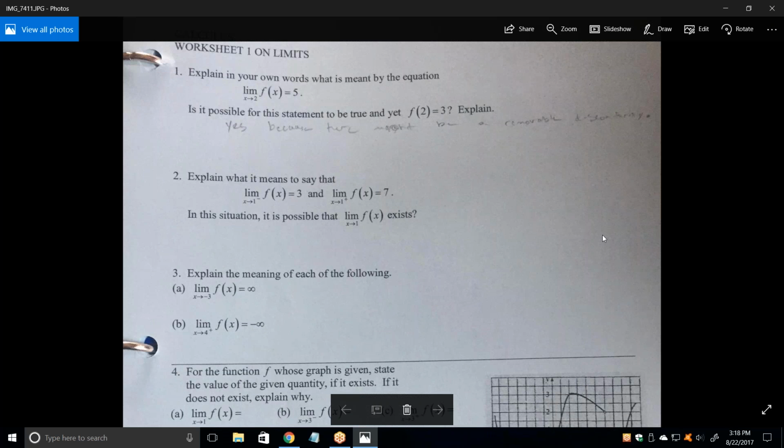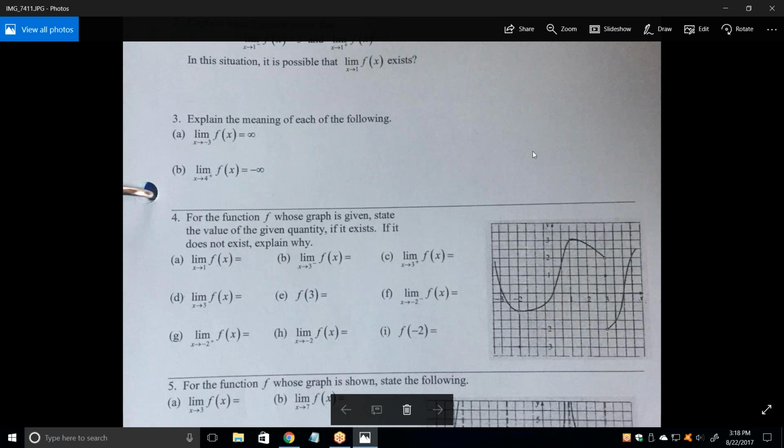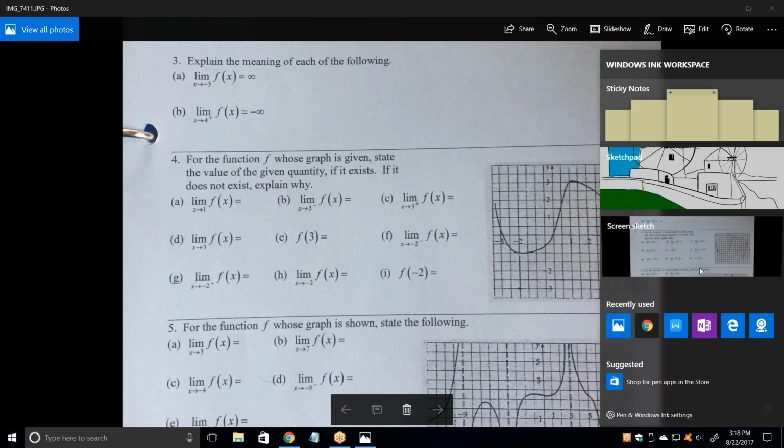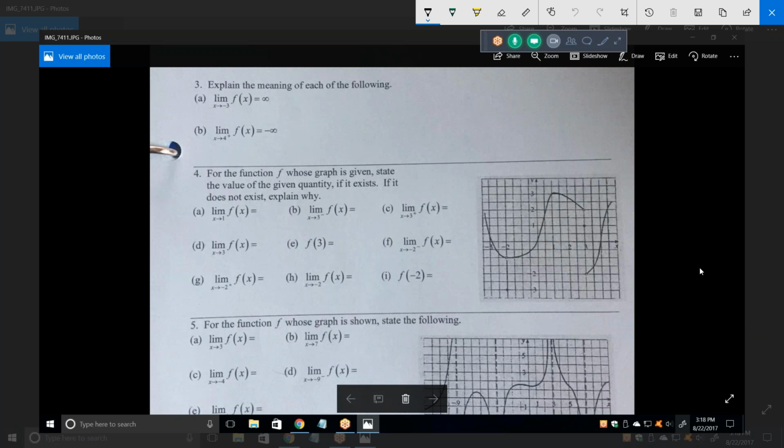Scroll down a little bit here. Yeah, good. So if I have a function, number 3, whose limit, tell me the rest of that.